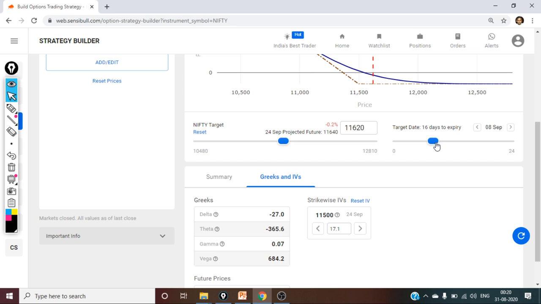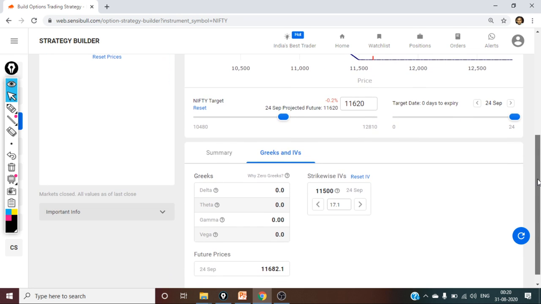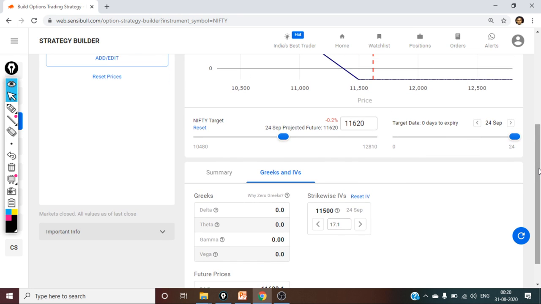With 15 days to expiry, your theta is minus 375. Here it is 14 days to expiry, and see how your theta increases. You can see theta is increasing exponentially just after 14 days to expiry. That happened because in the last 2 weeks time decay is faster.